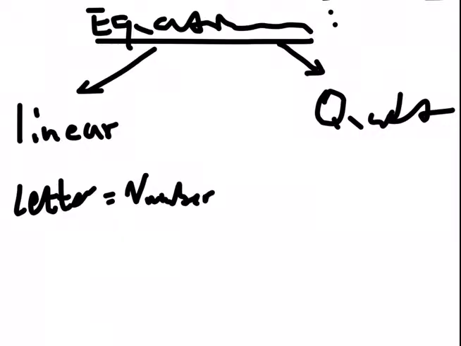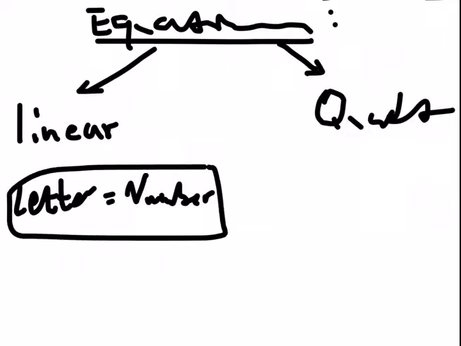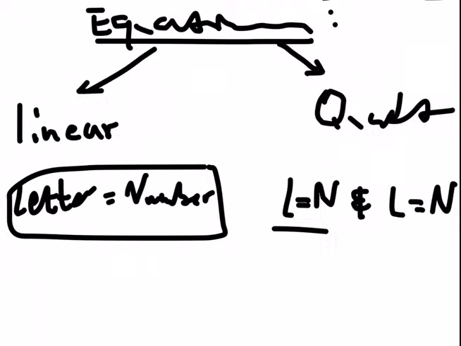This is how your final answer will look. It will just be one possible answer. But when it comes to a quadratic, it will be a letter equals a number, then we will have another letter equals a number. So that means we will have two possible solutions or two possible answers.